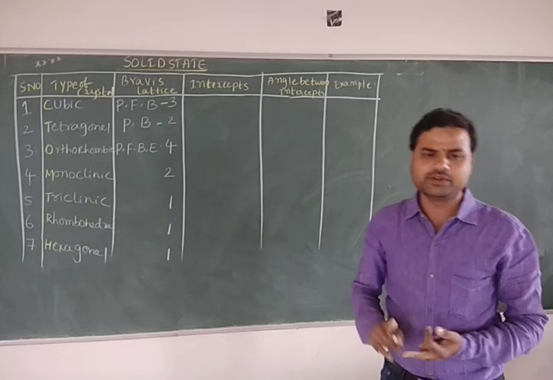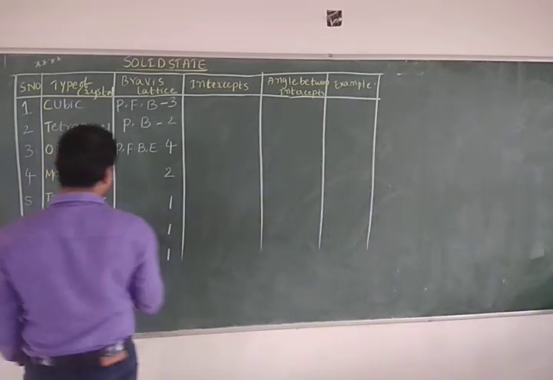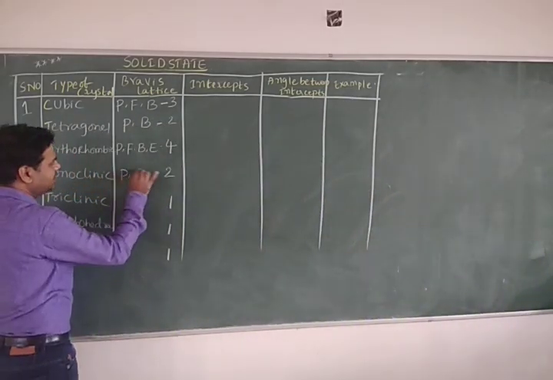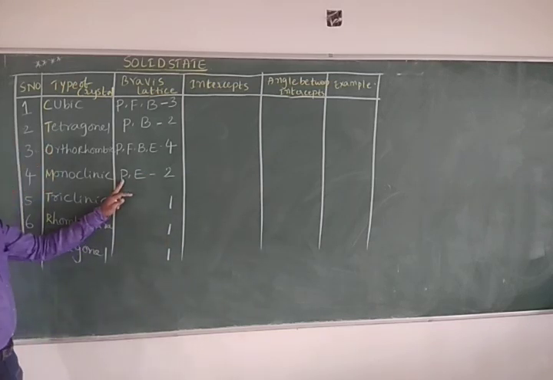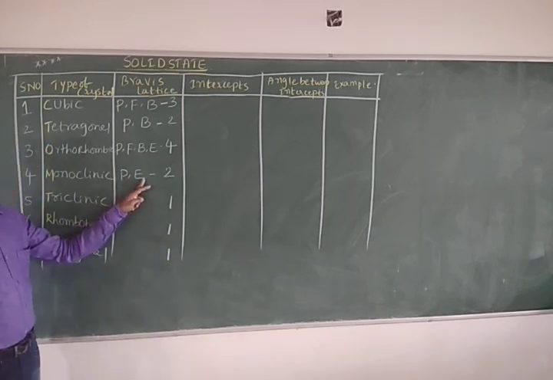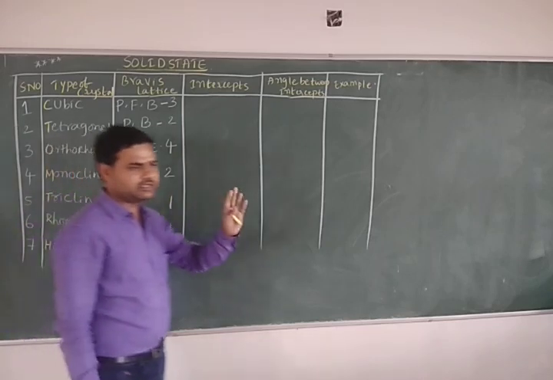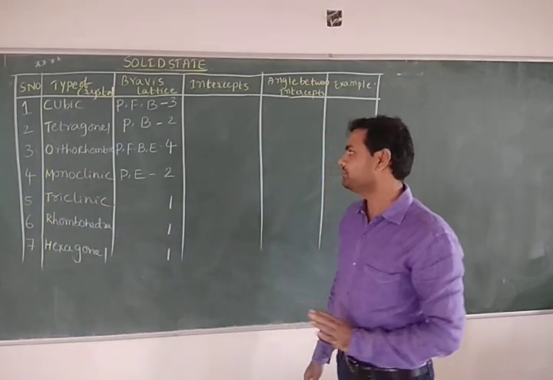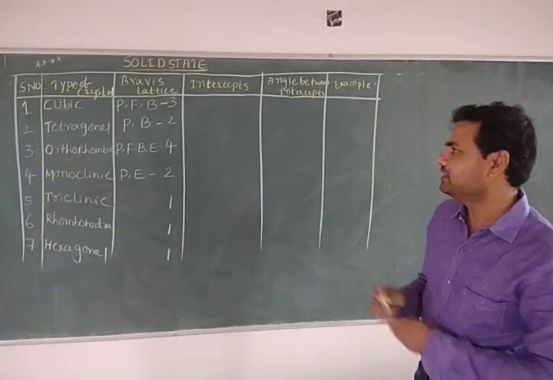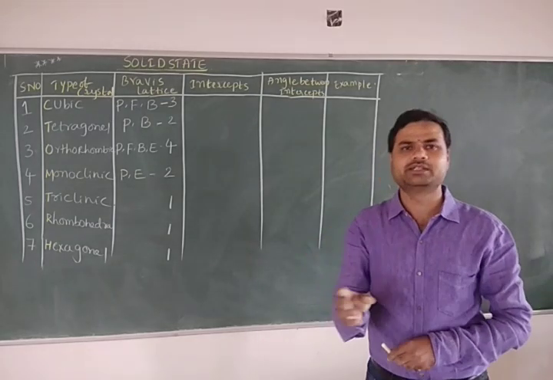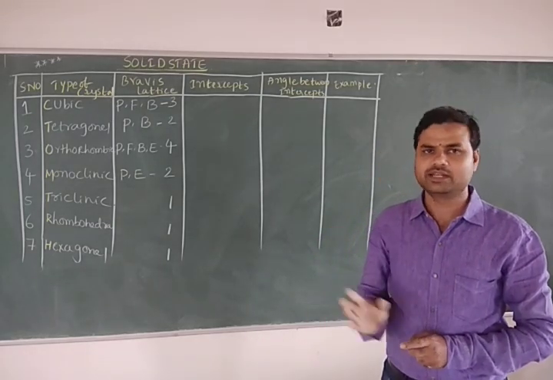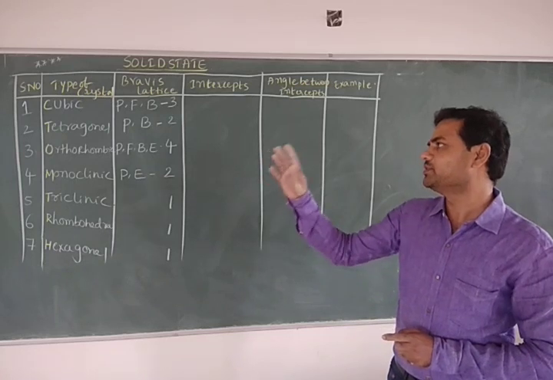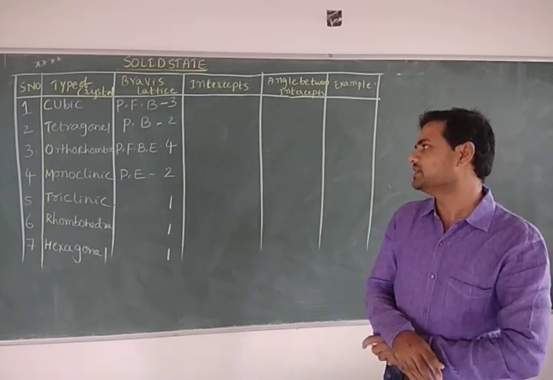Next type of unit cell, monoclinic, is classified into 2 types: P, E. PE means primitive and end face centered. Is it clear to you? So you don't get confused. Why are we writing 3 for cubic? The cubic type of unit cell is arranged in 3 ways.